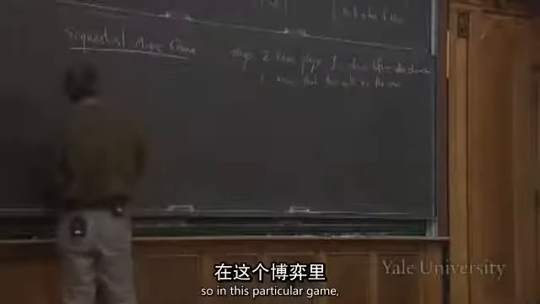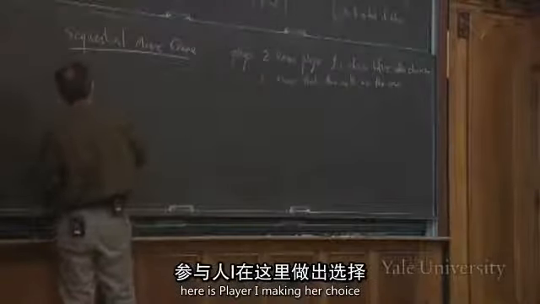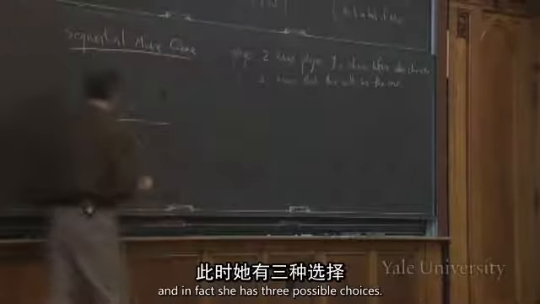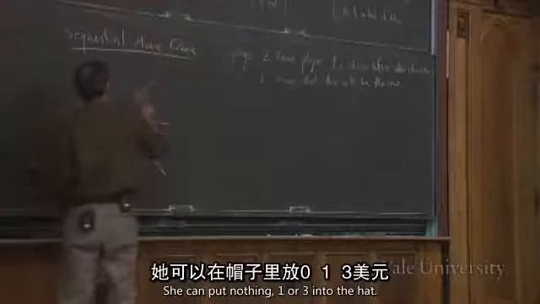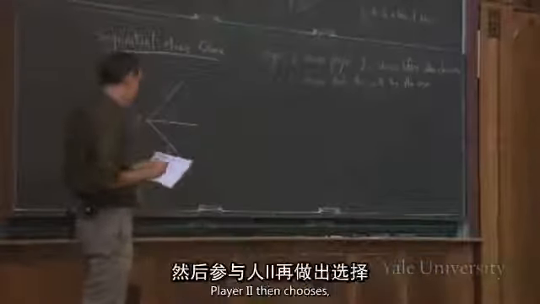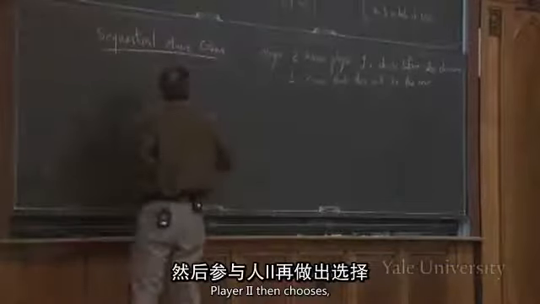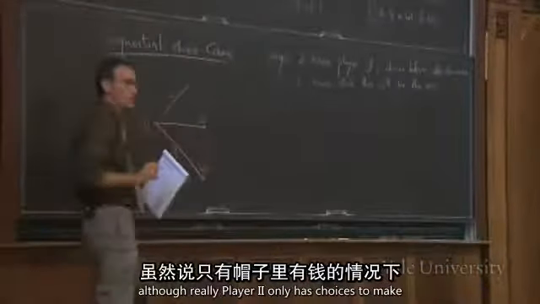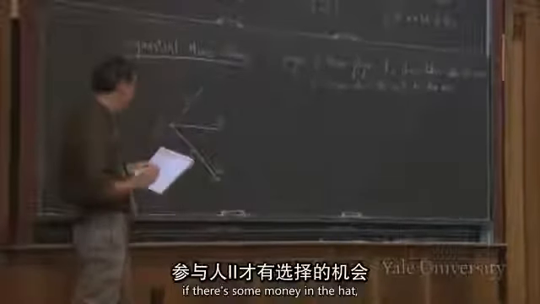So in this particular game, here is player 1 making her choice. And in fact, she has 3 possible choices. She can put nothing, 1, or 3 into the hat. Player 2 then chooses, although really player 2 only has choices to make if there's some money in the hat.